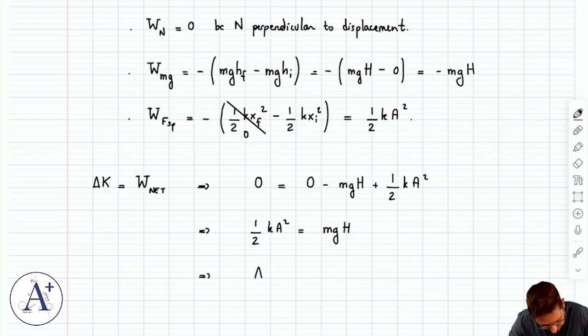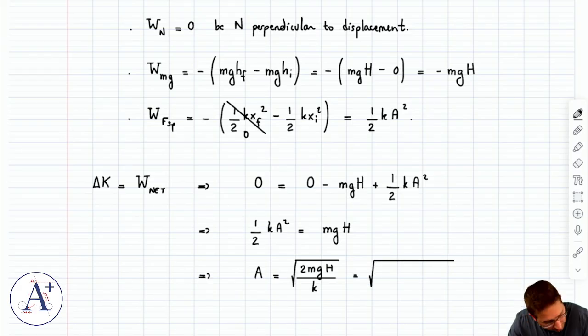And solving for a, you're going to get a is the square root of 2mgh divided by k, which, by the way, what is m? M is 2, so this is 2 times 2 times 9.8 times h, which is 1, divided by k, which is 98.